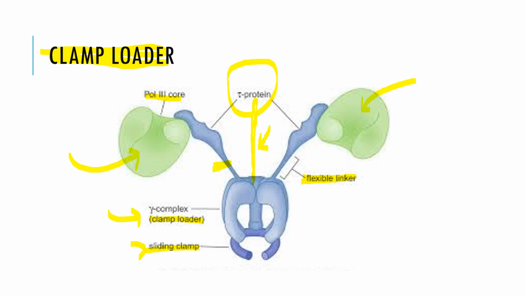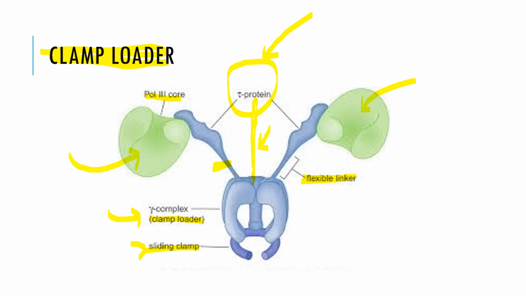The reason is that these 2 flexible arms are responsible for the polymerization on the lagging strand, whereas this arm is not flexible, and it is responsible for the polymerization of the DNA strand on the leading strand. The leading strand is continuous, so because of the continuity flexibility is not required, whereas on the lagging strand, these 2 DNA polymerases 3 work together, so there is flexibility and they can change their position.